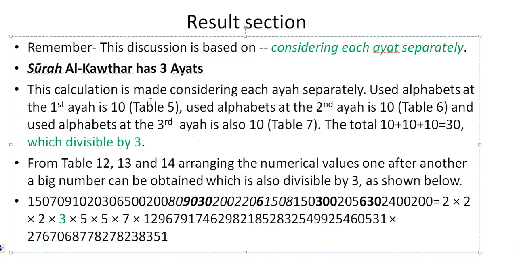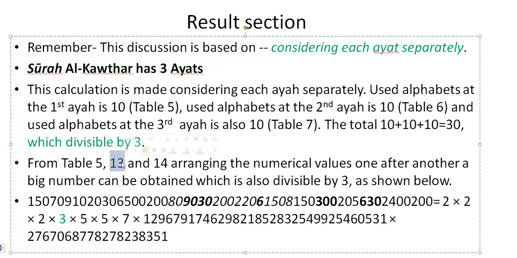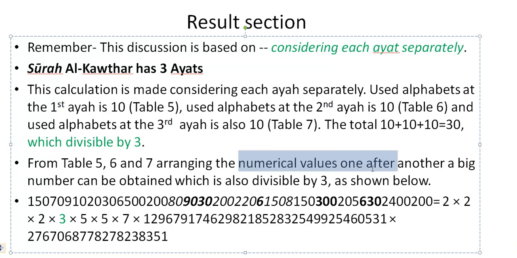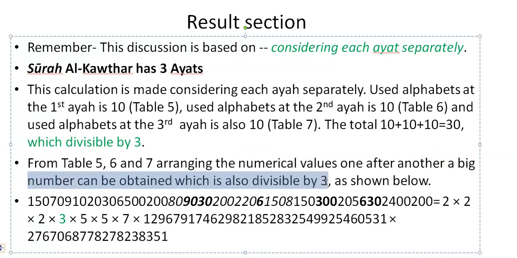So in the first ayat there are 10 harfs or alphabets. In the second ayat there are also 10 harfs, and in the third ayat there are also 10 harfs. In total it is 30, and this 30 is divisible by 3. In tables 5, 6, and 7, arranging the numerical values one after another, a big number can be obtained, which is also divisible by 3.